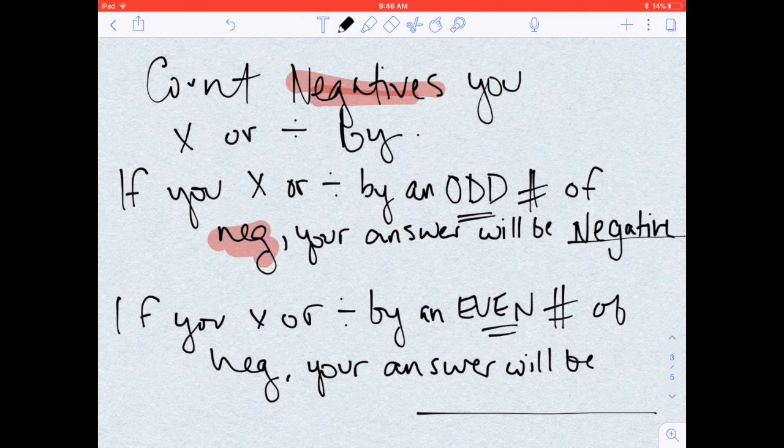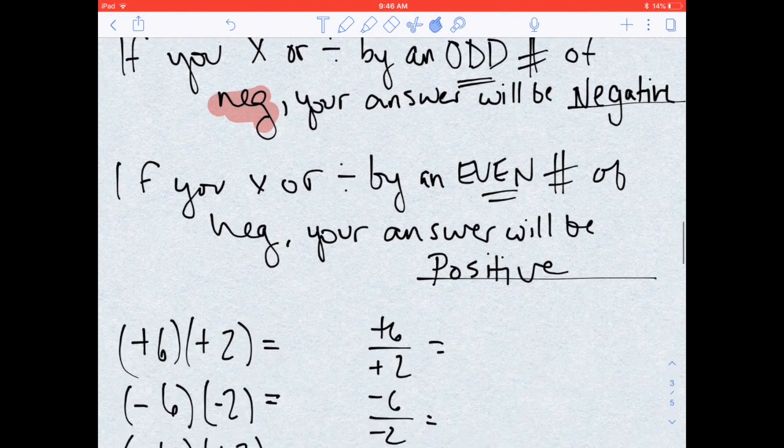If you multiply or divide by an even number of negatives, so -2 times -2, I have two negatives, my answer will be positive. And this works for everything, guys. So keep track of how many negatives you are multiplying or dividing by, and that will help you figure out if your answer should be positive or negative.